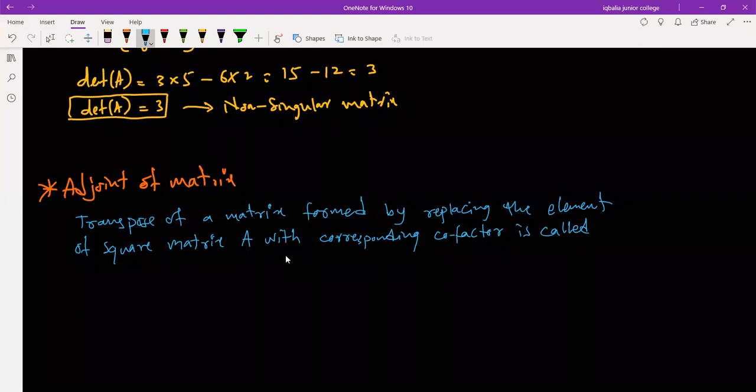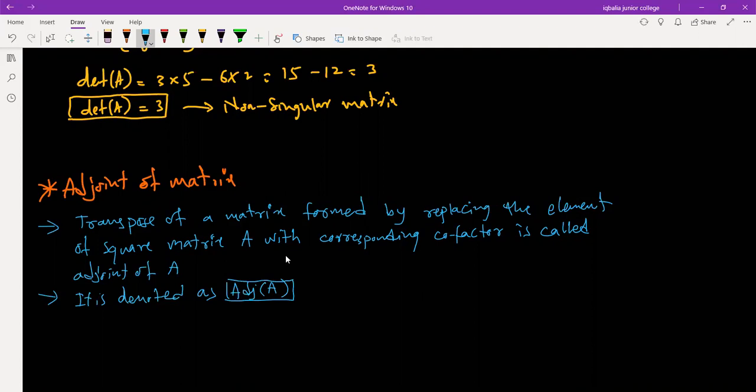It's called adjoint of A, and it is denoted as ADJ A. So here the definition of adjoint of matrix is transpose of matrix formed by replacing element of square matrix A with corresponding cofactor is called adjoint of A. Okay.